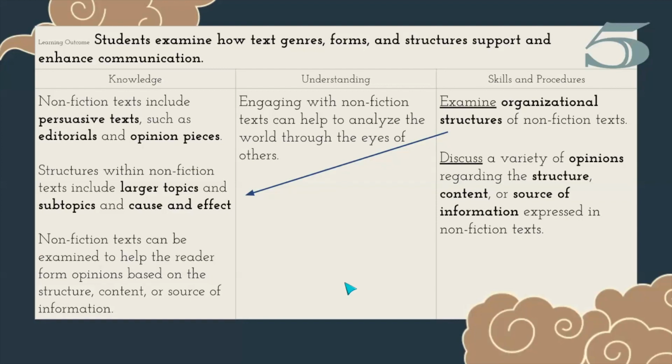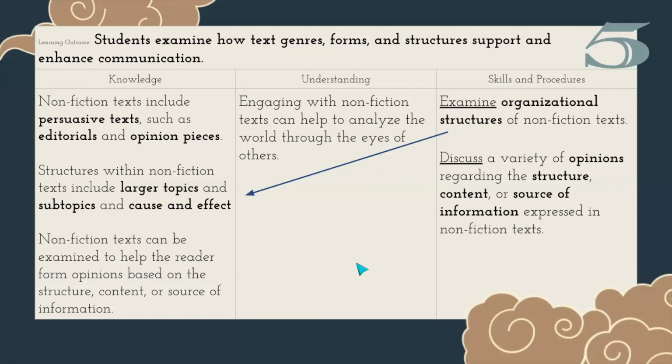that nonfiction list has grown to include persuasive texts, editorials, and opinion pieces. We're looking at a couple of new structures, so larger topics with subtopics, or this idea of cause and effect.